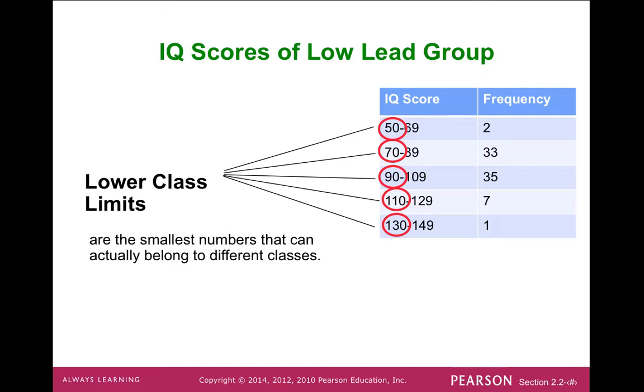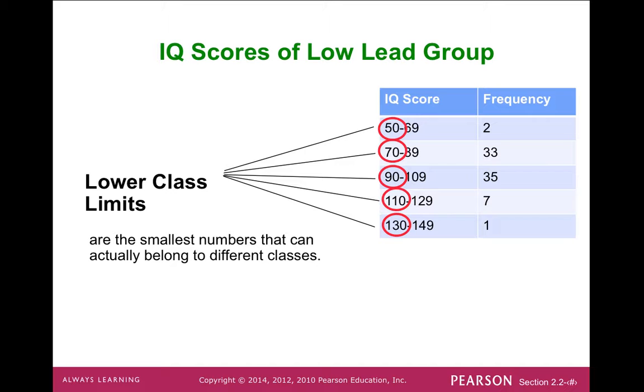So here is a frequency distribution. This is on IQ scores of low lead groups. So here what you see in the table, which is off to the right hand side of the slide, is that you have IQ score in one column and the frequency in the other. The IQ scores that you see listed, 50 to 69, 70 to 89, and so on, would be considered your categories or classes.